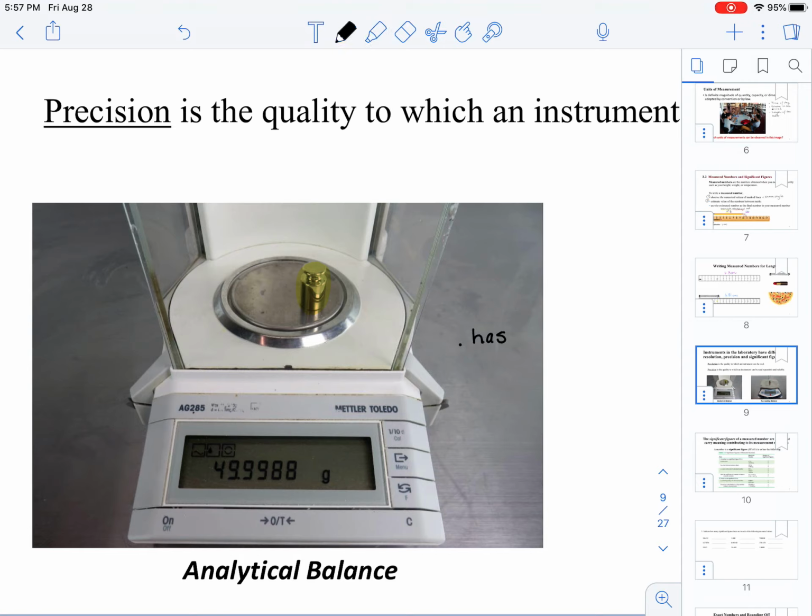has a better resolution compared to the top loading balance. And you may ask yourself, why is that?